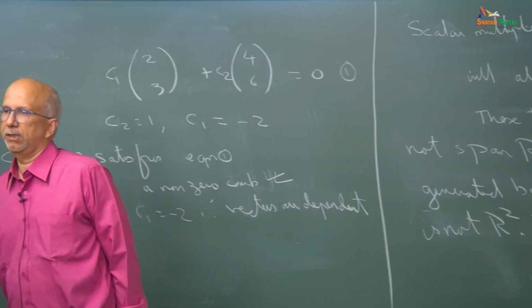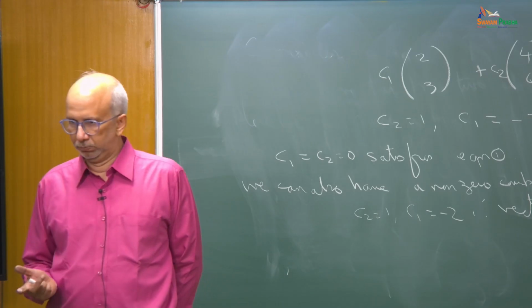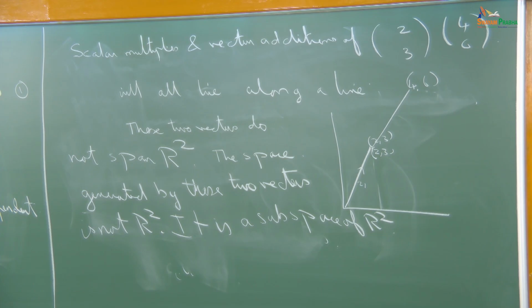And what is the dimension of this subspace? Dimension of R2 is 2. Dimension of the subspace is 1, because there is only one independent vector.